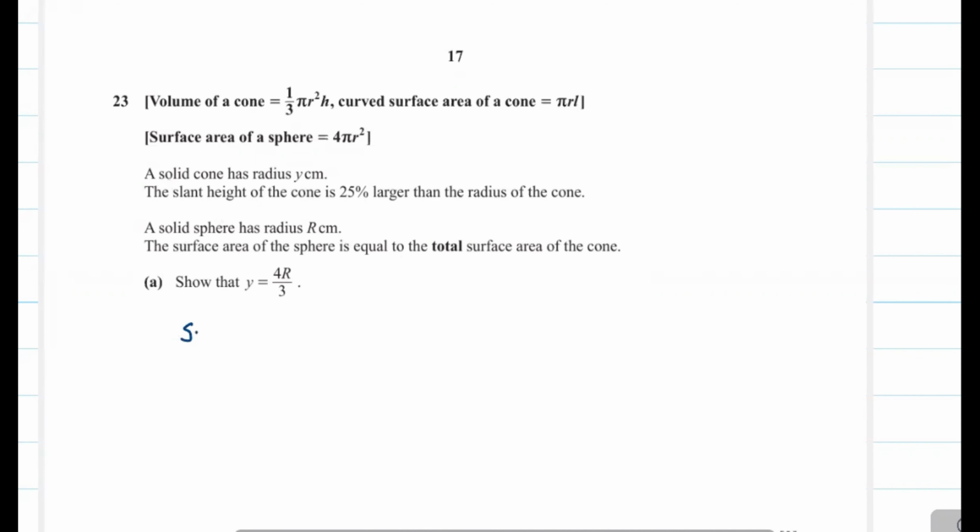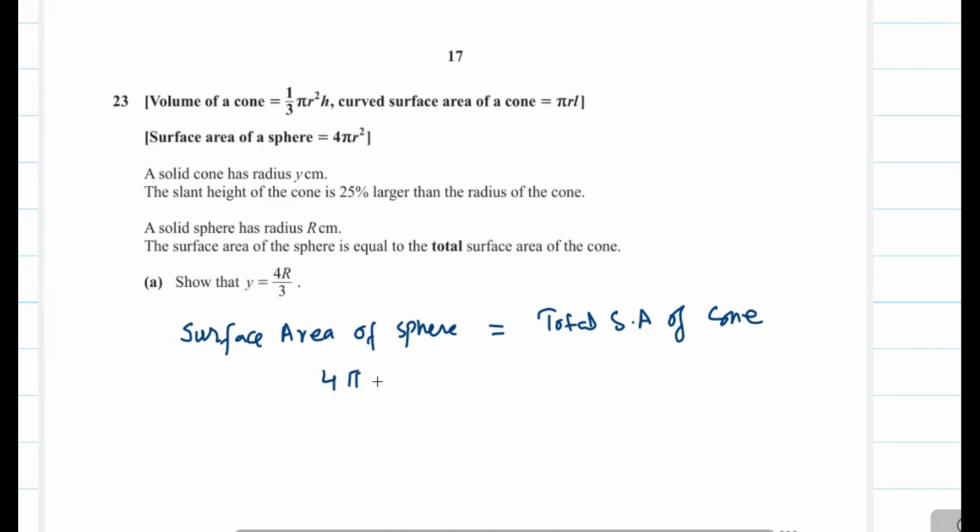Surface area of sphere is equal to total surface area of cone. You see here, surface area of sphere is 4 pi r square.